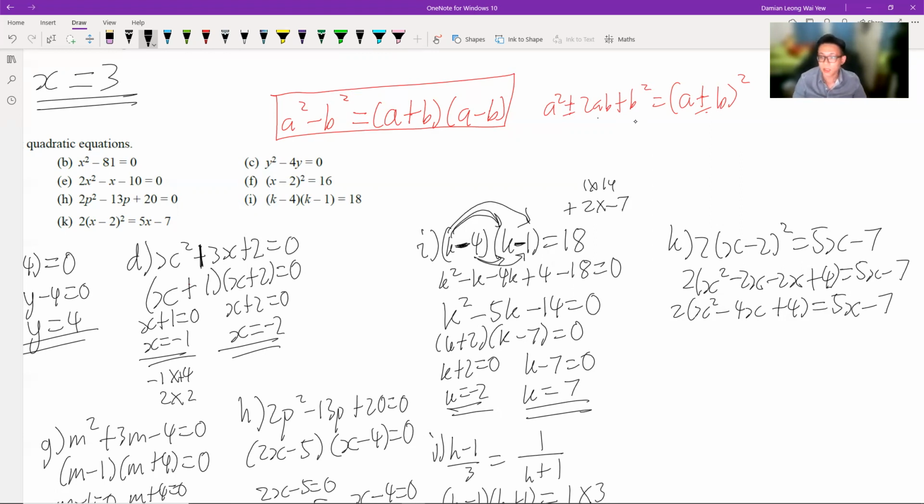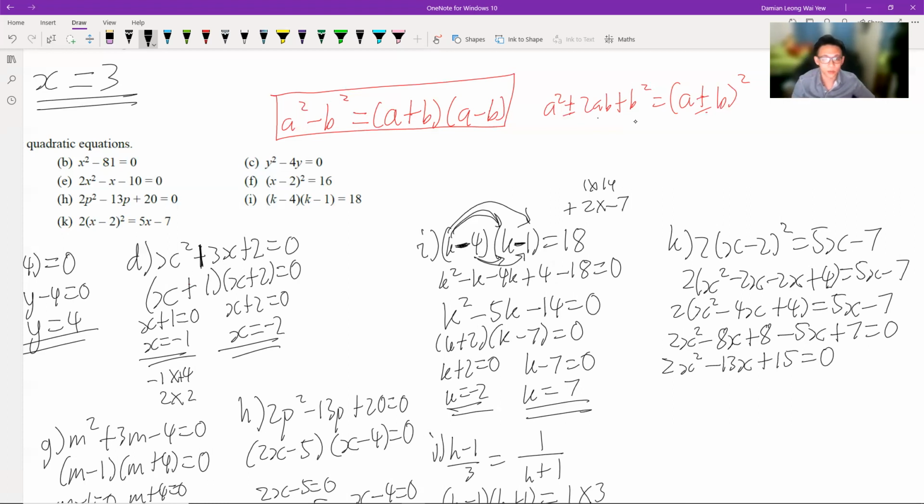All right. So I expand inside: 2x squared minus 8x. Make sure you times every single term. Plus 2 times 4, 8. Bring over the 5x, minus 5x. Bring over the 7, minus becomes plus, so plus 7 equals 0. Simplify, I get 2x squared minus 8 minus 5, so minus 13x, plus 8 plus 7, plus 15 equals 0.